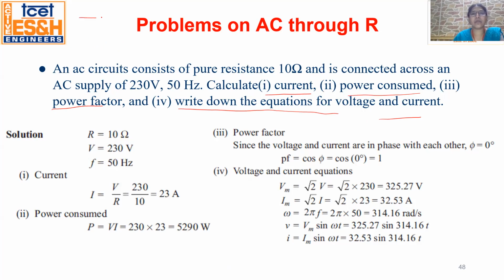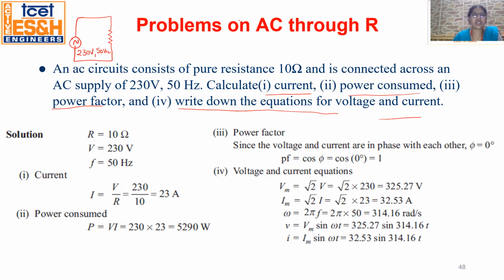A pure resistance of 10 ohm connected across 230 volt, frequency 50 hertz. This is the given circuit, 230 volt AC. Now you have to find current, power consumed, power factor, and the equations for voltage and current.